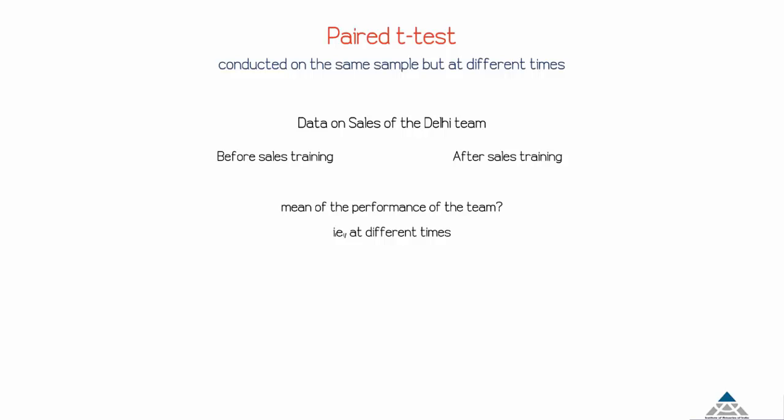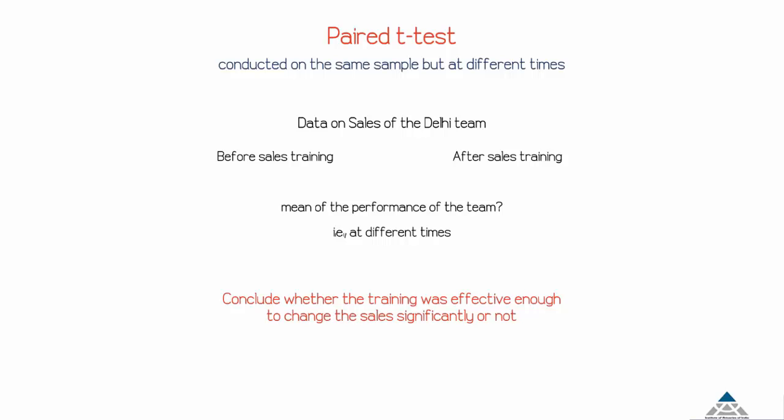Basically, this test would help us conclude whether the training was effective enough to change the sales significantly or not. These tests are used in the medical domain considerably to check for the effects of medicine and their significance.